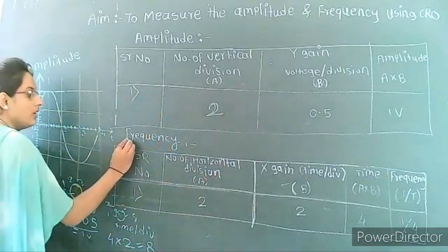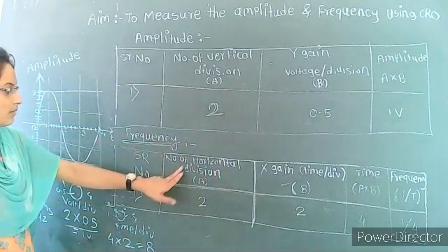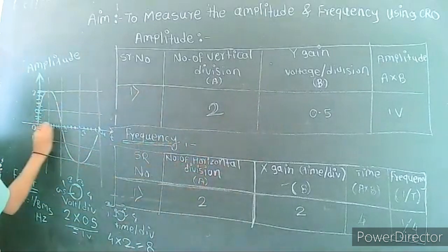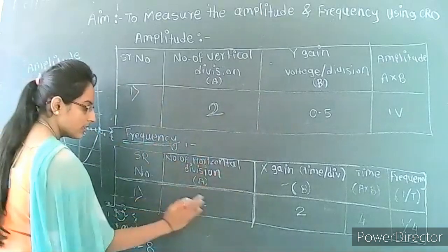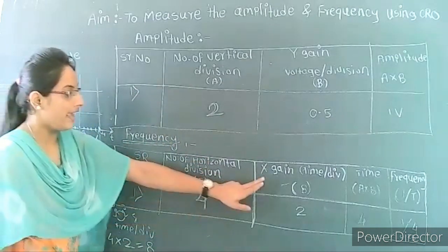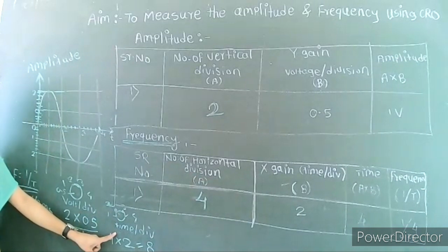Similar to amplitude, we measure the frequency. This is the number of horizontal divisions. Here the total horizontal divisions are 4 divisions. Then X gain, that is your time per division mode.